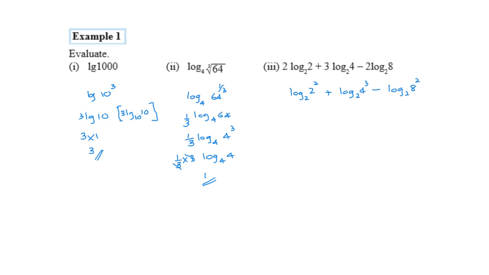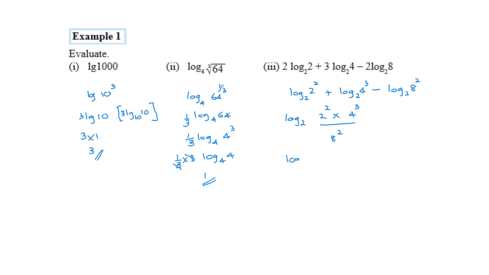Then by using logarithm laws, you can write log base 2. Here you have 2 to the power 2, and you have addition, so multiply by 4 cubed, divided by, because there is a subtraction, 8 squared.